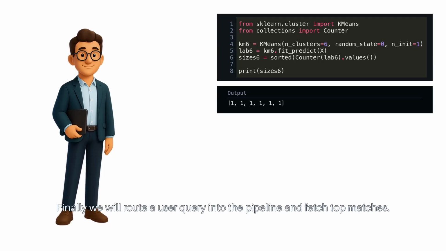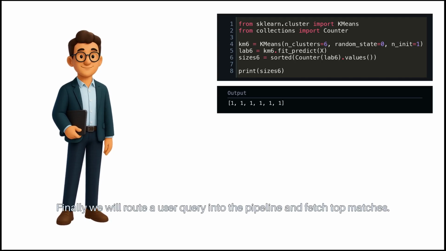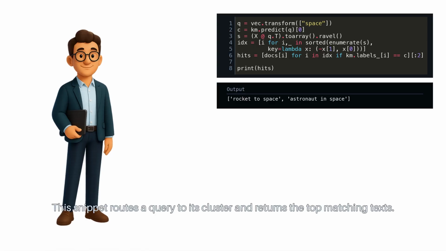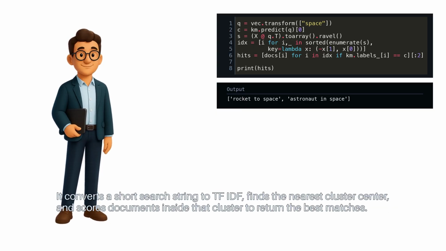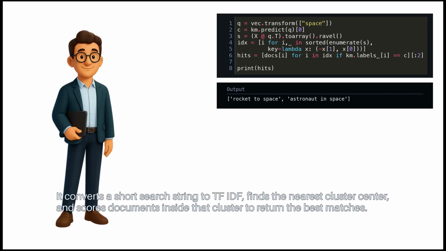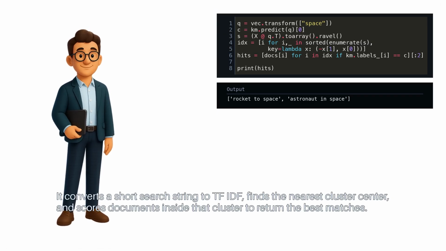Finally, we will route a user query into the pipeline and fetch top matches. This snippet routes a query to its cluster and returns the top matching texts. It converts a short search string to TF IDF, finds the nearest cluster center, and scores documents inside that cluster to return the best matches.